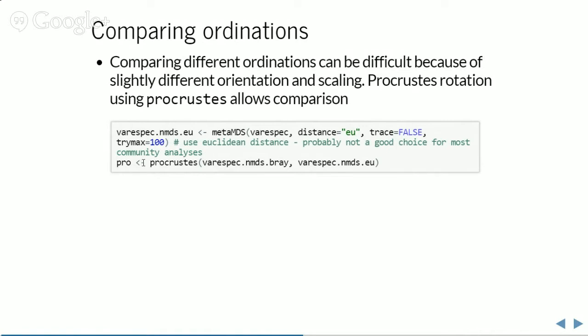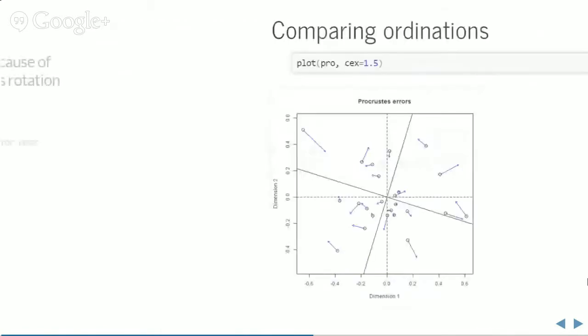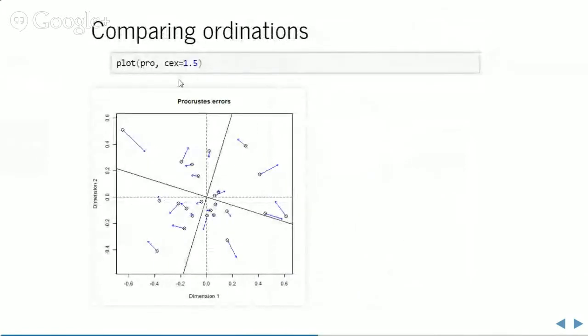And then I'm going to use the procrustes function to compare our Bray ordination and the Euclidean. And so this is what that's going to look like if we plot that result. It's showing the shift in sites between those two ordinations. So you can see some pretty dramatic shifts between the two.